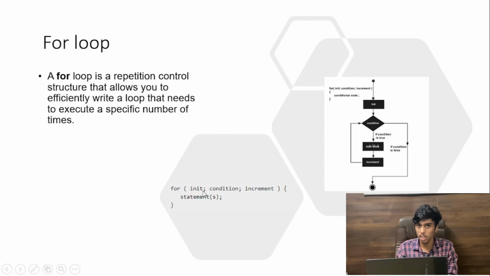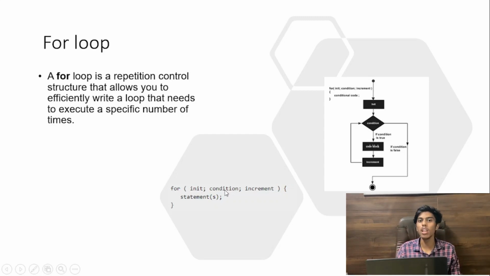The first part consists of initialization. In initialization, we declare a loop variable and set its initial value. And then comes the condition part. In this condition part, we give a condition to the loop.